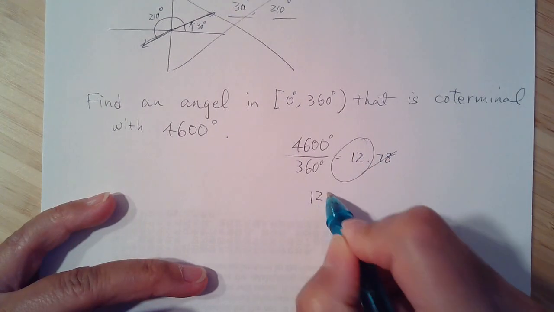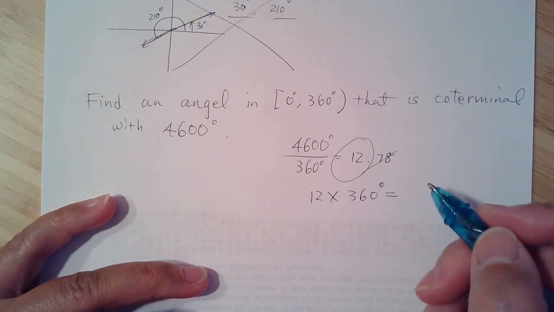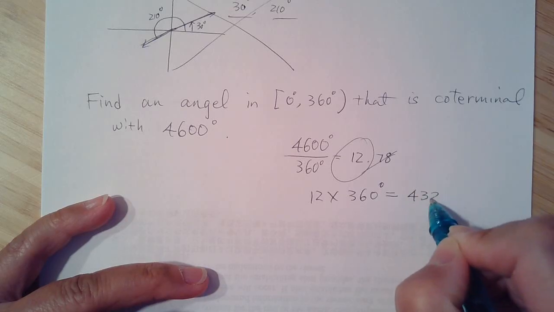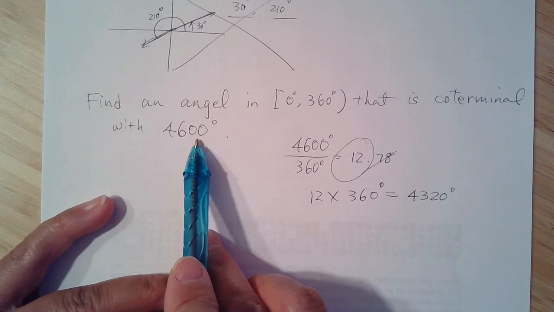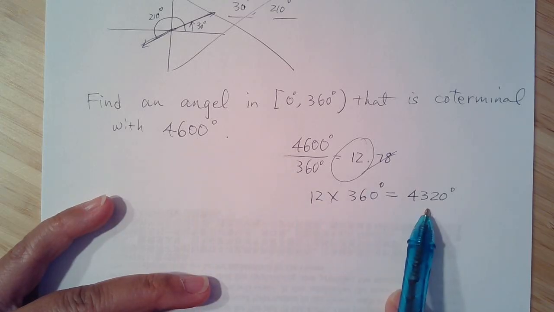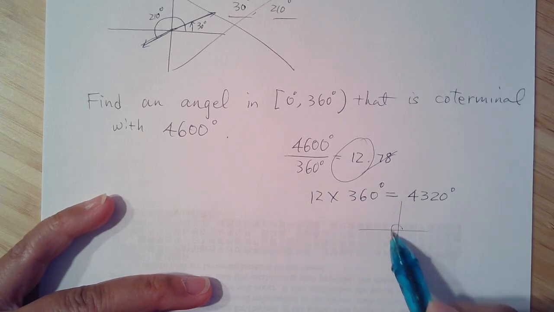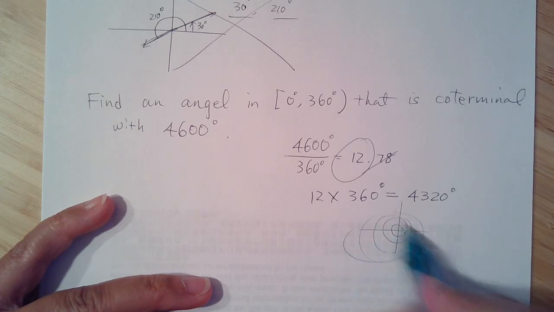And then 12 times 360 degree, what is that? 12 times 360, it's 4,320 degree. You just go around 12 times.